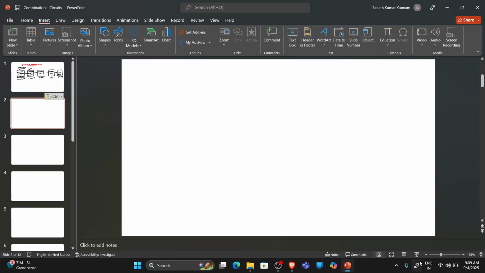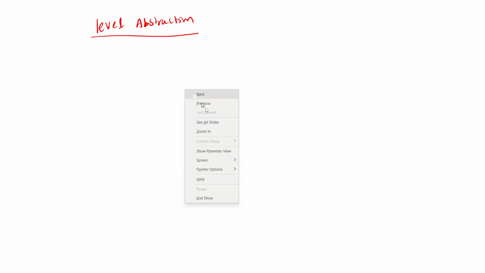Next, there is a level of abstraction. What is this level of abstraction? There is a bottom to top approach and a top to bottom approach. If we take the low level, the lowest level is the device level.